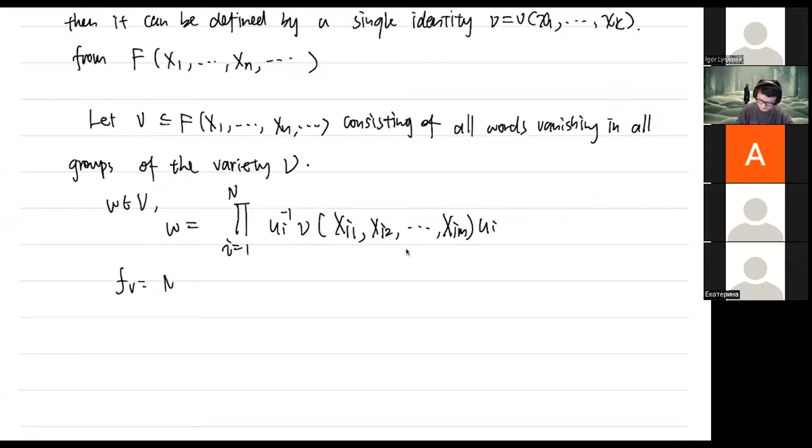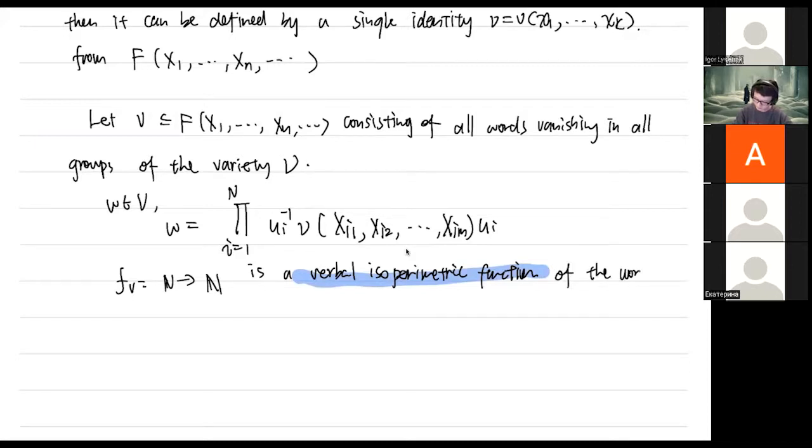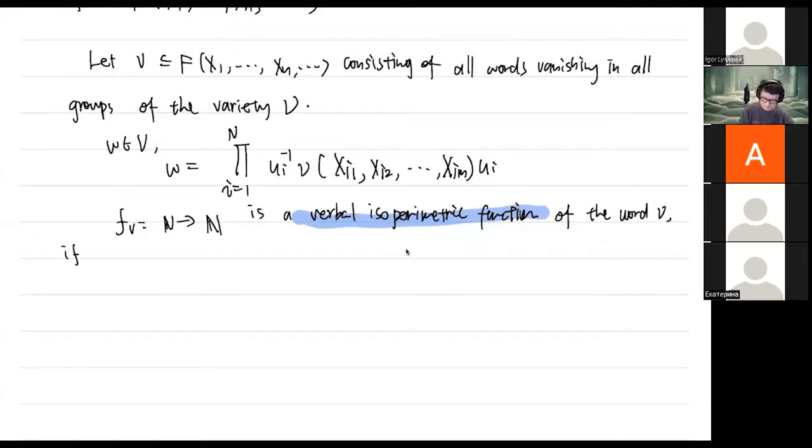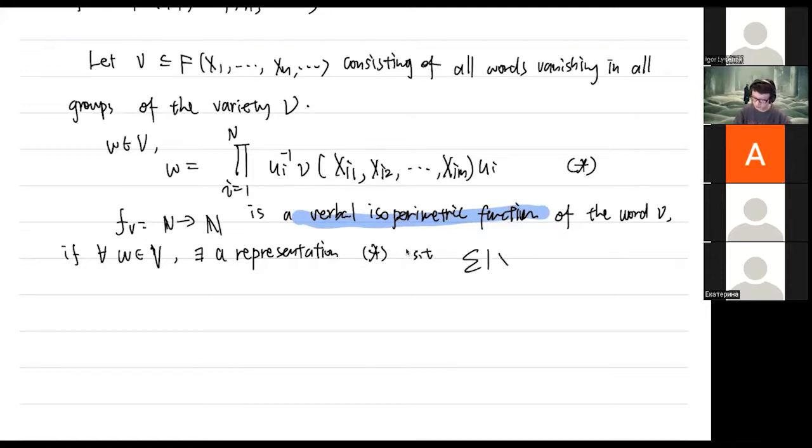So here we have a function from natural numbers to natural numbers that is a verbal isoperimetric function of the word V, or the identity V, if for any word in the verbal group, there exists a representation, let's call this representation star, such that we estimate the number of the variables you plug in.